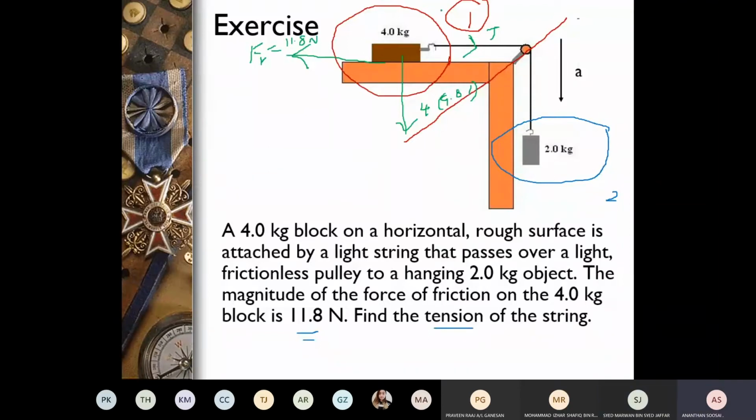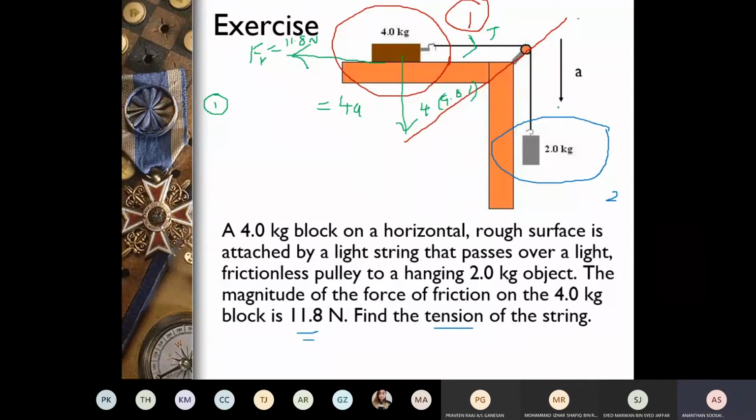So for the first equation, just focusing on the 4 kg, what equals MA? MA means 4A, because we are just focusing on the 4 kg. Is the tension greater or the 11.8 greater? Tension is greater, right?